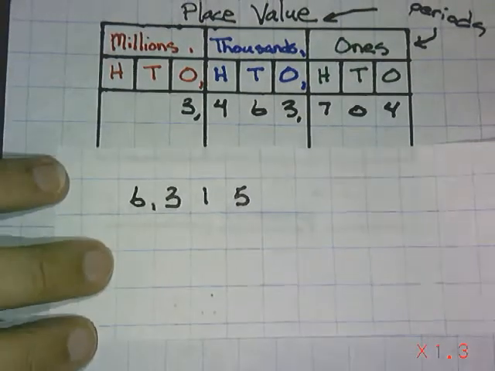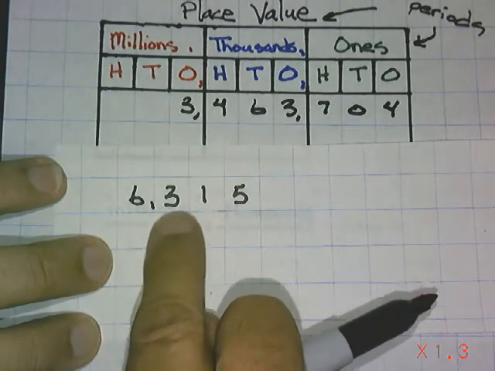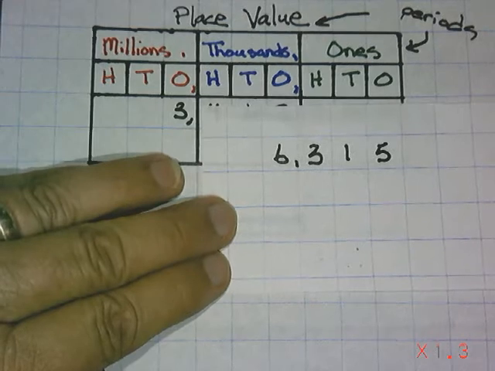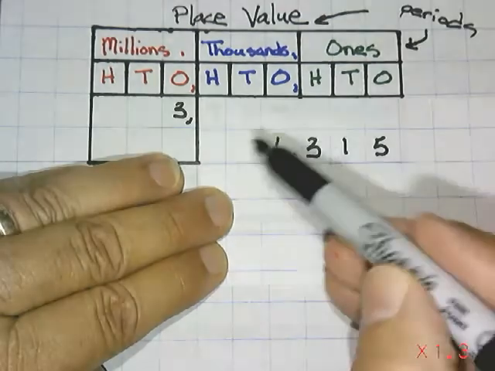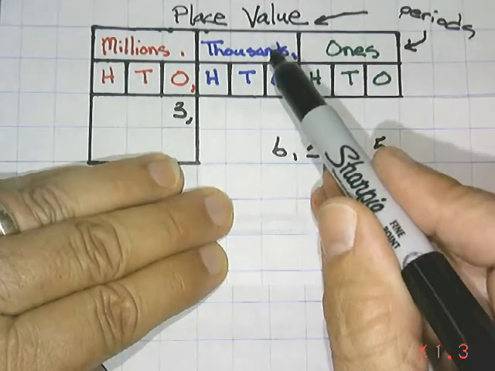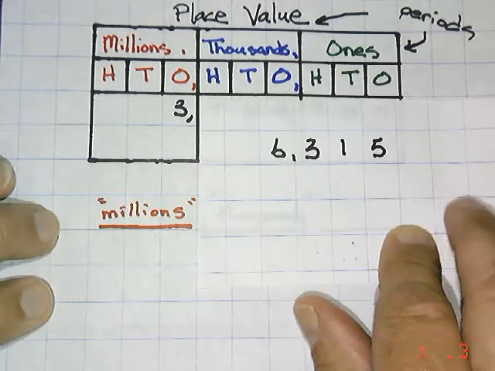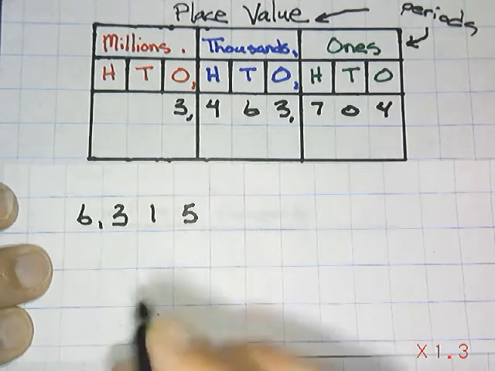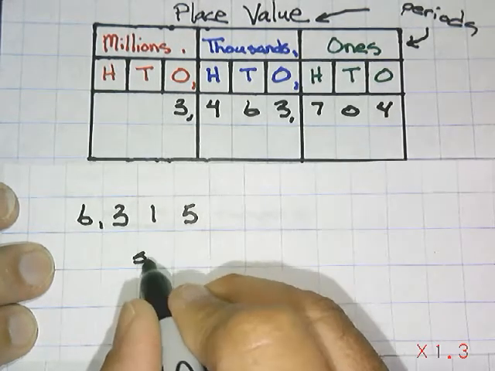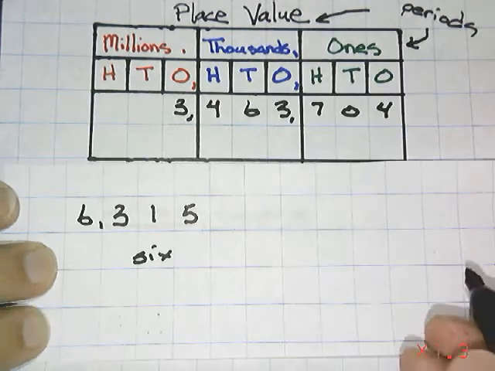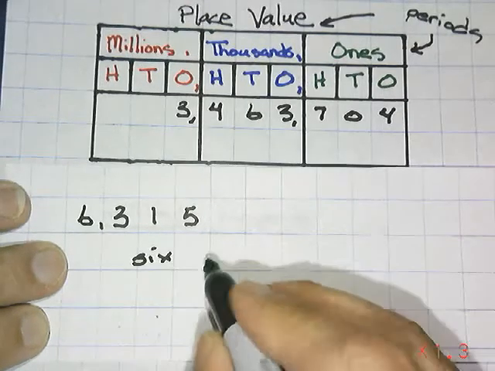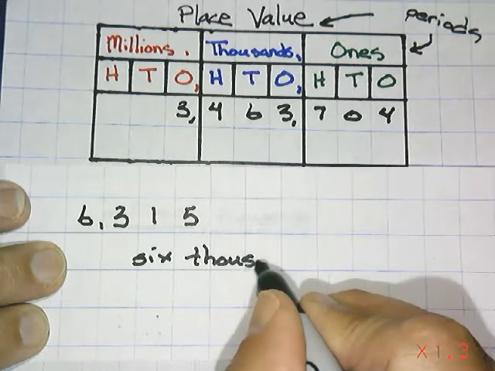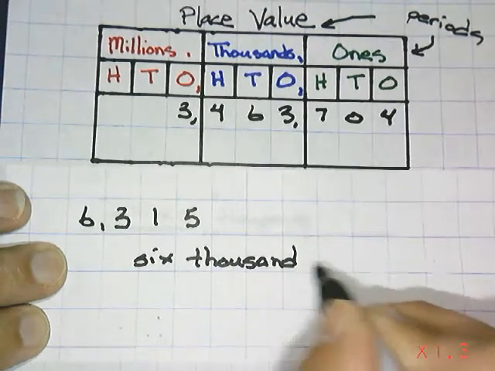Let's go a little bit more. 6,315. Notice now that we have, if I kind of slide that over, the 6 is within the thousands period. So we are going to follow that rule about using the word thousand. So I'm going to start here. We have six thousand. A little bit rough there with the writing. Sorry about that. Now don't forget your comma.